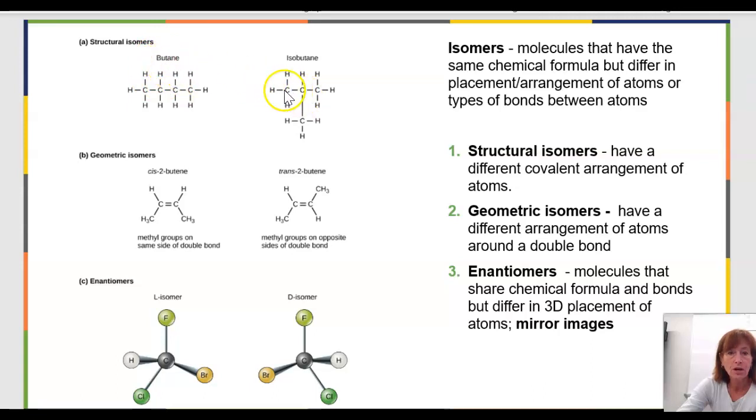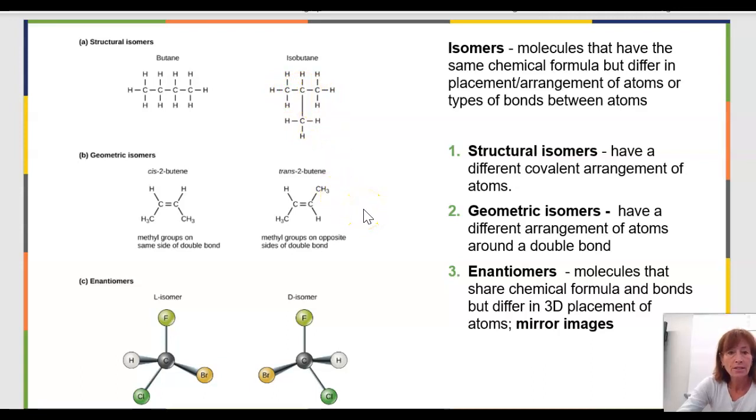But this also has 4 carbons, just arranged differently. So these 1, 2, 3 are here, and then another one is down here. This is called isobutane. I think of it as sort of a little bit isolated from the other carbons. So this is isobutane.